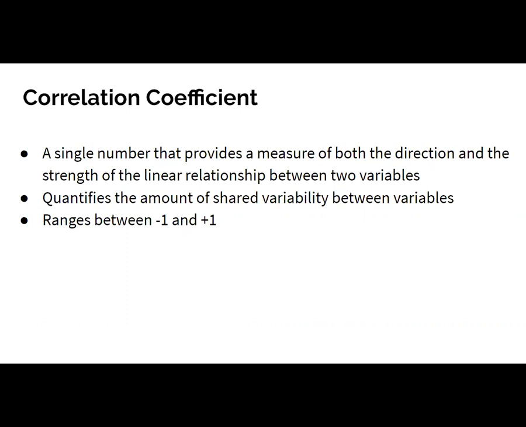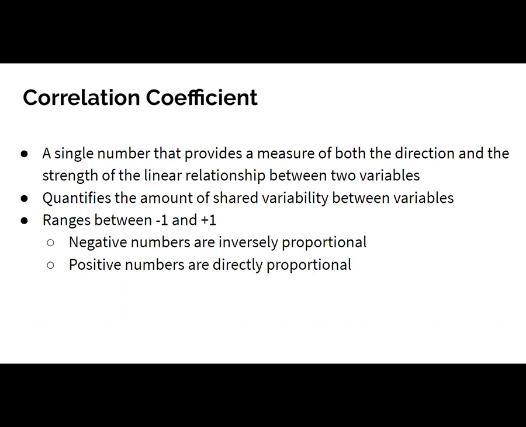If it's above 0, up to 1, it's a positive correlation: one goes up, the other goes up, one goes down, the other goes down. The closer it is to either -1 or +1, the stronger the correlation. A -1 or +1 means they are very strongly correlated. If you're at 0, there's no real relationship between the two.